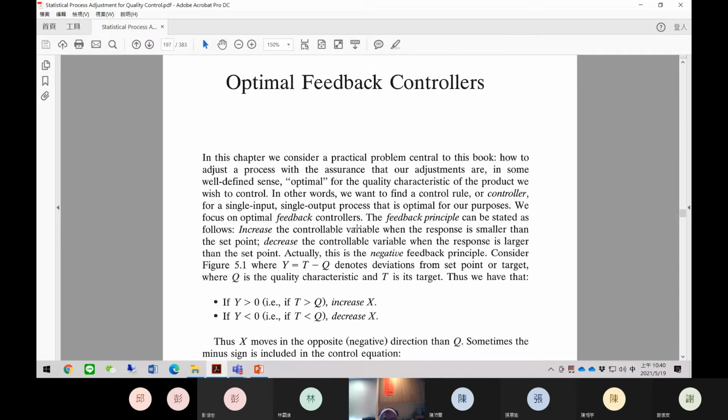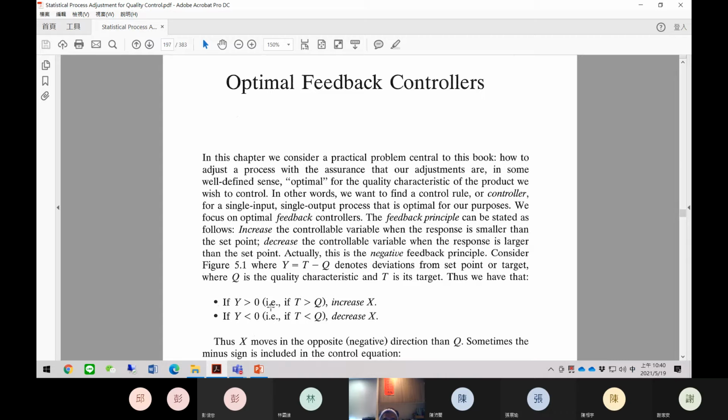So the feedback controller, also the feedback principle, actually Y is defined as T minus Q. Target from the set point or target. Q is a quality characteristic.